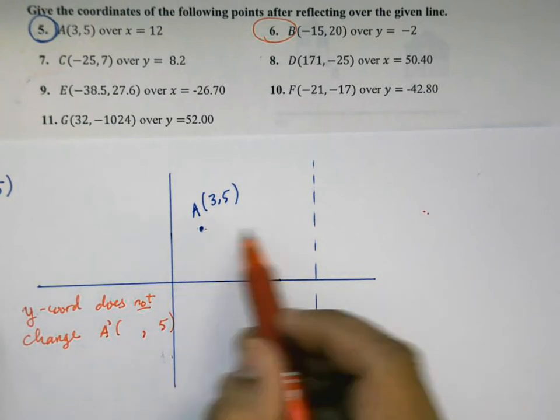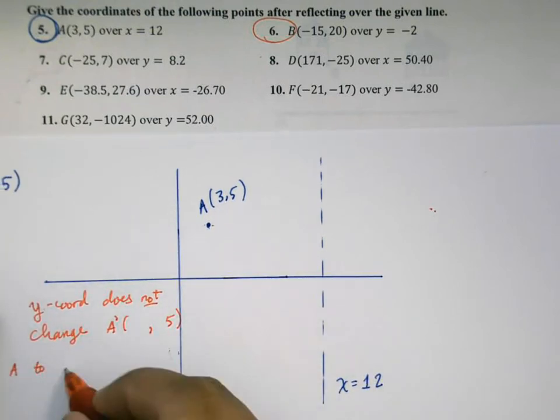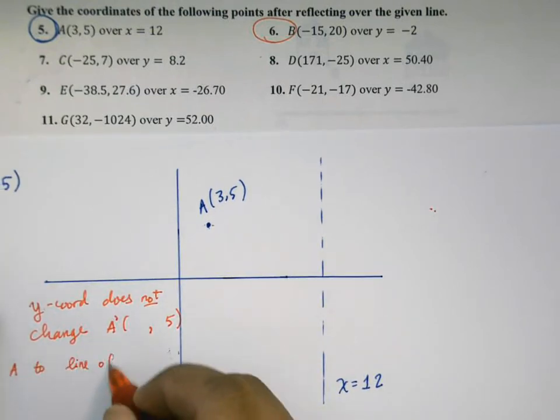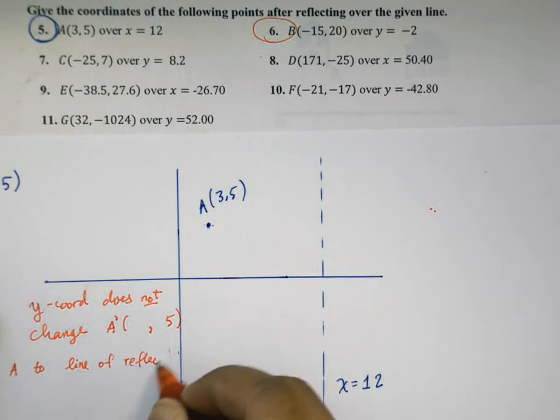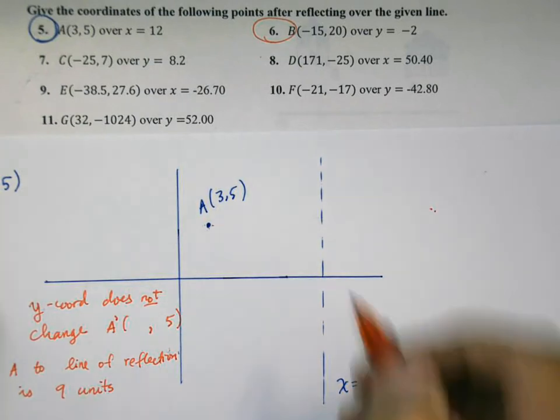Well, from A to the line of reflection is exactly 9 units. Now how do I know that?